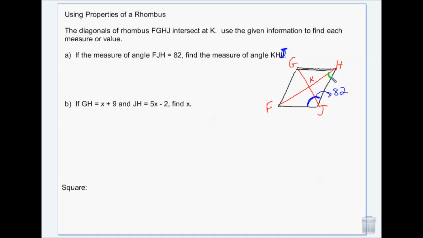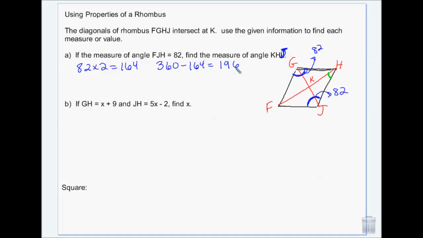If J is 82, what's G? It's also 82 as well. So I've got 82 times 2, which is 164. So I'm going to do 360 minus 164. So 360 minus 160 is 200, minus 4 is 196.